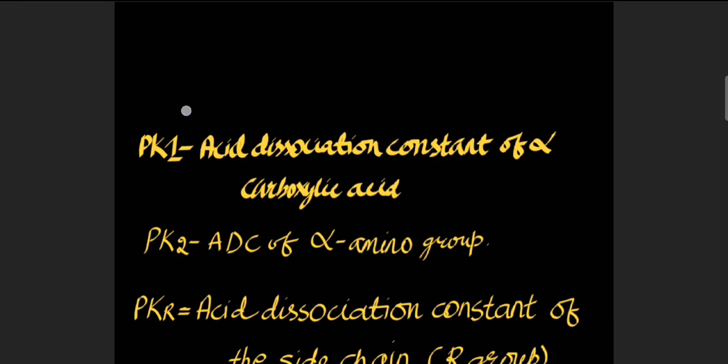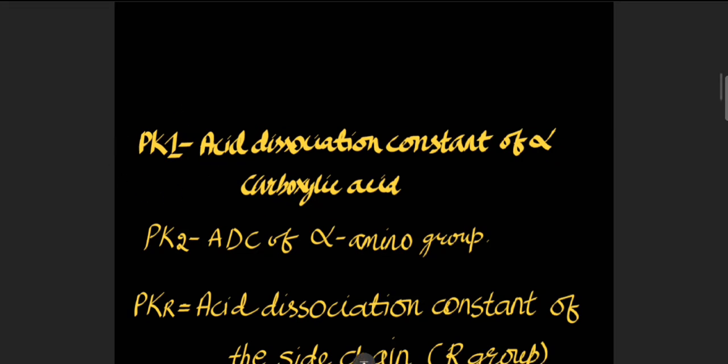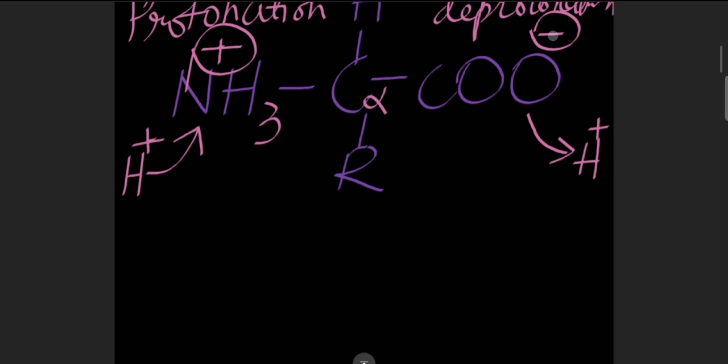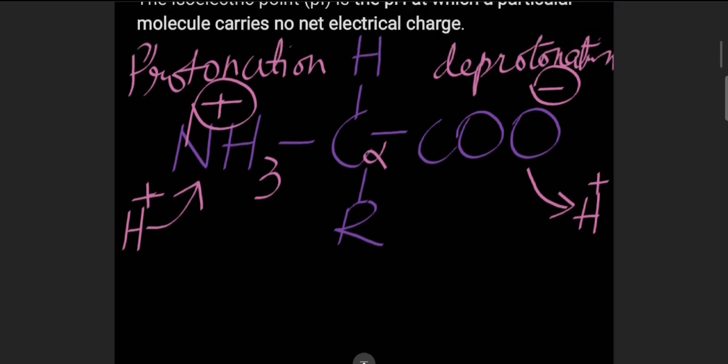That is pKa₁, and it is associated with COOH. So pKa₁ is the value where this carboxylic acid will lose its hydrogen.